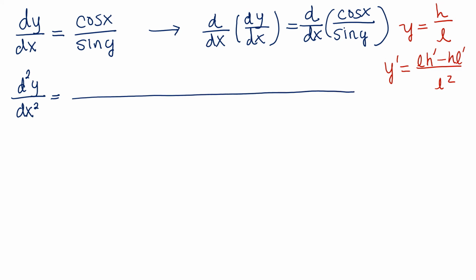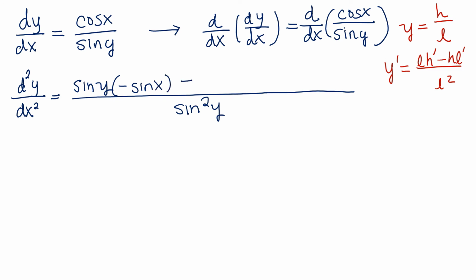Applying that, we'll square the denominator, so you get sine squared y. And in the numerator, we write the low function, which is sine y, and multiply it by the derivative of cosine, which is minus sine x, with respect to x, minus.